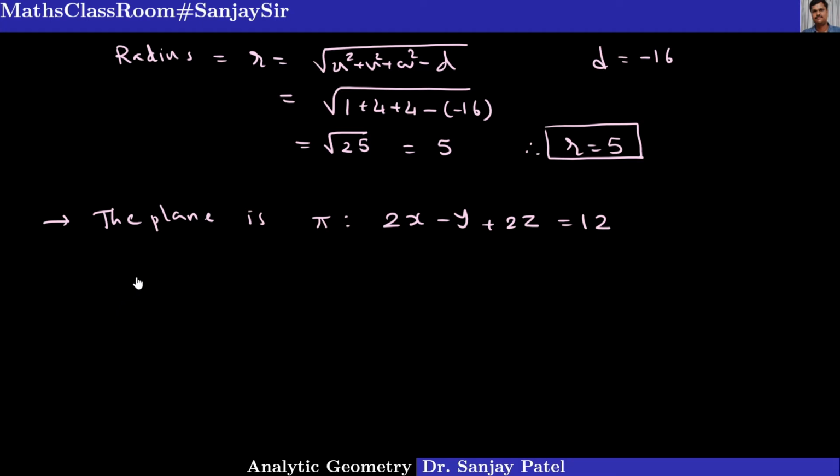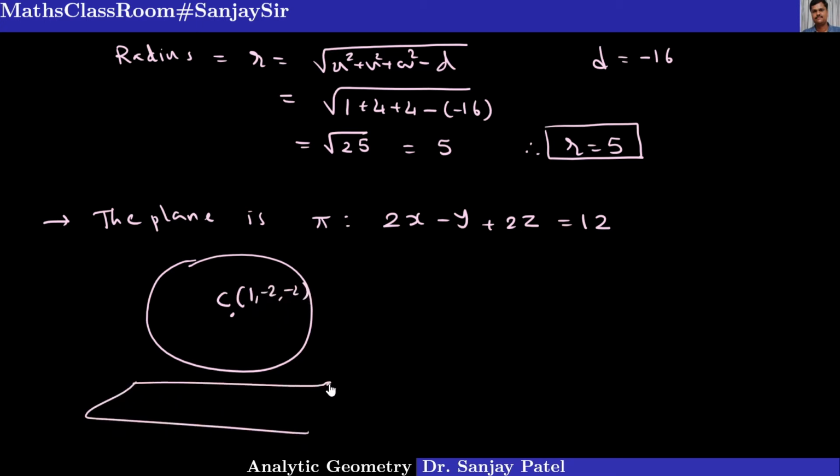So suppose we have a sphere like this, and the center is, we already found, 1, minus 2, minus 2, and suppose this is my plane, and the equation of this plane is 2x minus y plus 2z is equal to 12. I want to find this distance. So I am dropping a perpendicular from C onto this plane and I want to find CM.